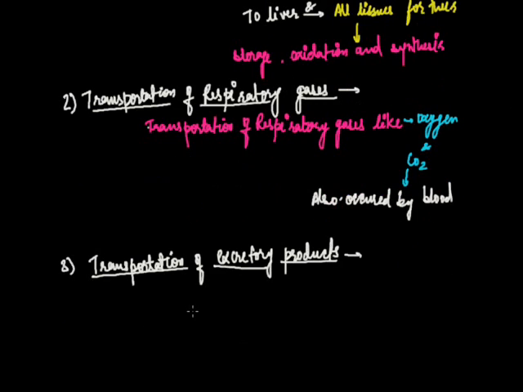Different wastes from the different parts of the body are collected by the blood and then taken to the organs from where they are excreted.